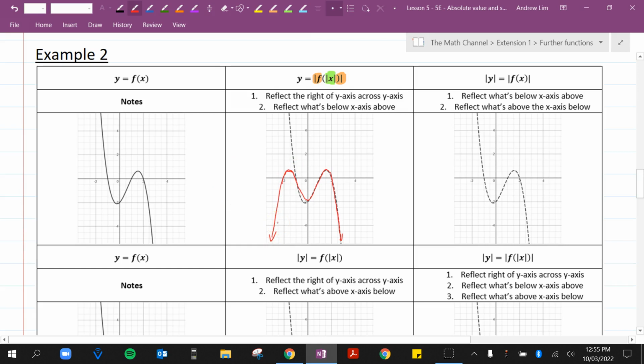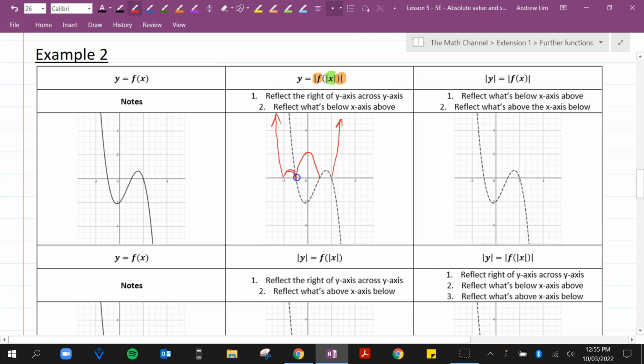And then whatever is below will come above. So all of this will come up, and all of this will come up, and all of this will come up. Which means that we will not have this down here. We'll just have that.